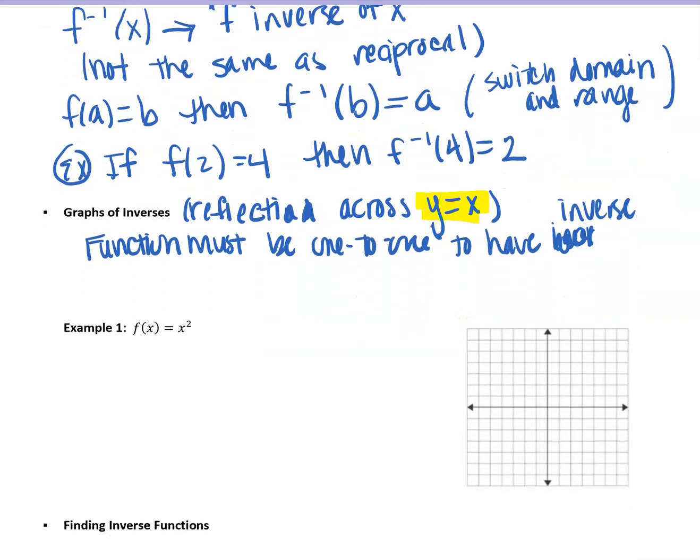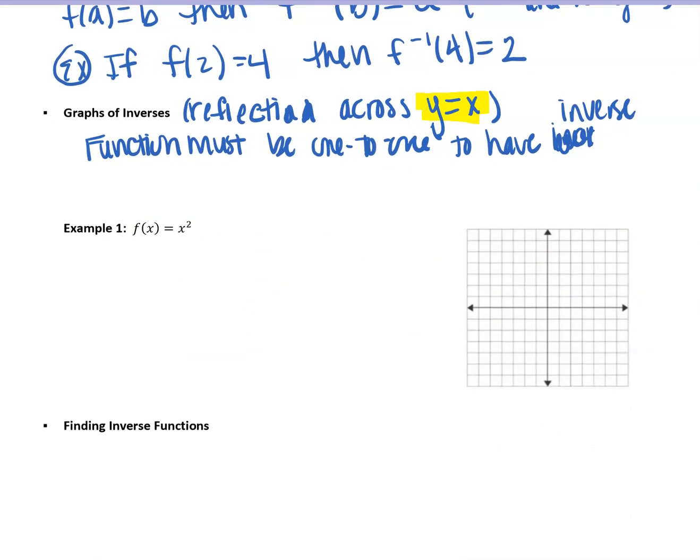And so if you look at this example here of f of x equal to x squared, let's go ahead and graph it. That would look something like this. Now, we just said that if we needed an inverse, it would have to be a reflection over y equals x.